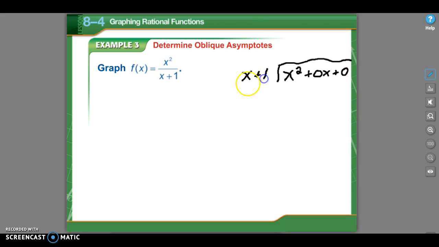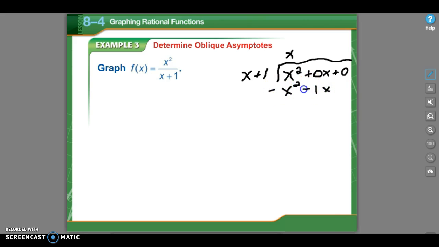So I ask myself, what do I multiply by x to get x squared? And the answer is x. x times x gives me x squared. x times 1 gives me 1x.